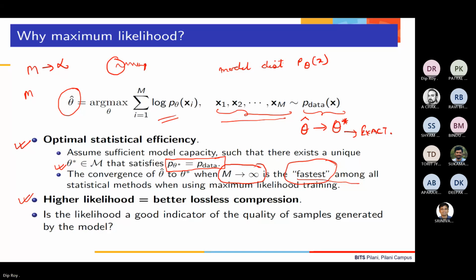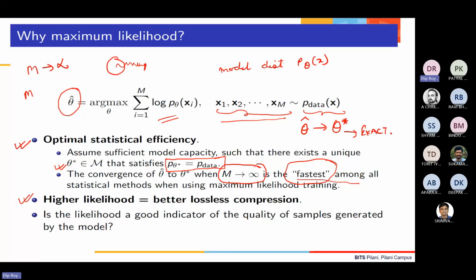Now, can we conclude that likelihood is a good indicator of the quality of the samples generated, right? Ideally, whatever we have studied till now, it should be, because if your likelihood is high, it means that the quality of the samples generated closely corresponds to the training data. But that is a question that we need to answer.